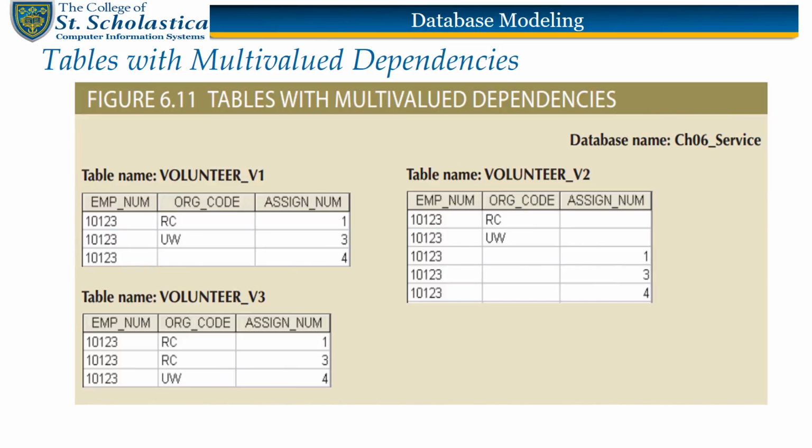Figure 6.11 illustrates how a set of facts can be recorded in very different ways. The attributes org_code and assign_number each may have many different values. In normalization terminology, this situation is referred to as a multi-valued dependency, which occurs when one key determines multiple values of two other attributes, and those attributes are independent of each other.